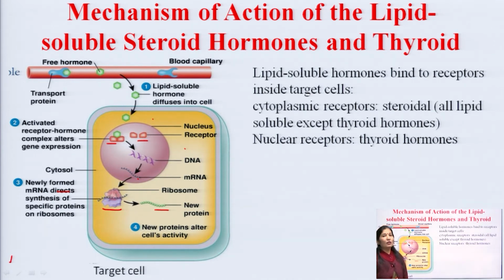These proteins alter the cell activity and produce the physiological responses of these lipid soluble hormones on the target cell. So, lipid soluble hormone receptors are present inside the cell, either inside the cytoplasm or inside the nucleus.